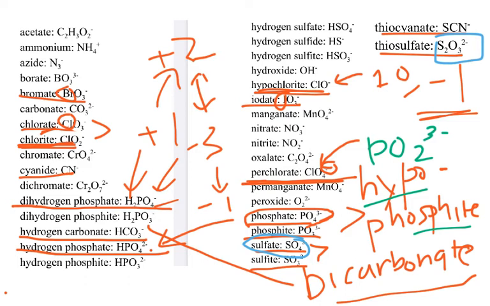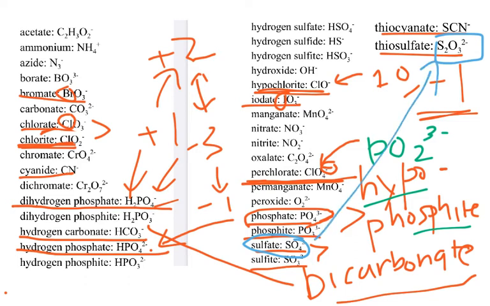Notice how we didn't make the switch in cyanide to thiocyanate because cyanide didn't have an O to begin with. So we didn't have to make the switch. But in thiosulfate, we had to make the switch in sulfate by changing 1 O to an S. So that's how the thios work.